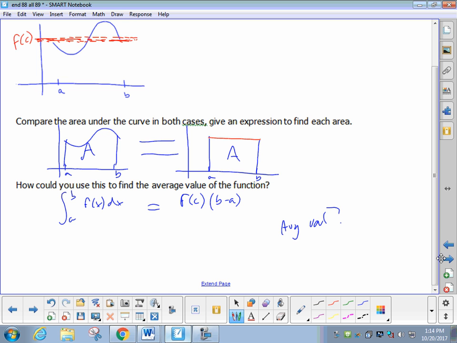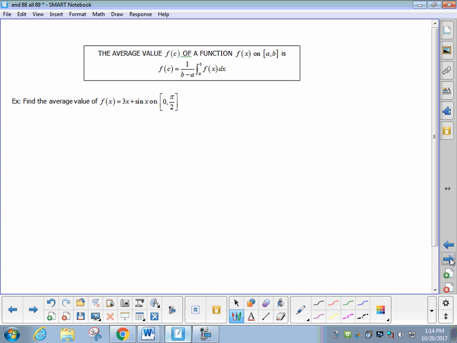F at C. So to solve for F at C, you could say that it is the area under the curve divided by the base of the graph, B minus A. All the y values divided by the region of x values is the average y value per x value, or for any x value. Whew, that's cool. All right, so the average value then of a function on A to B can be found by that idea.